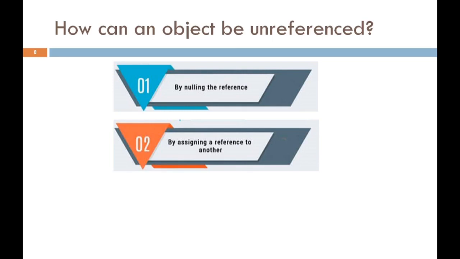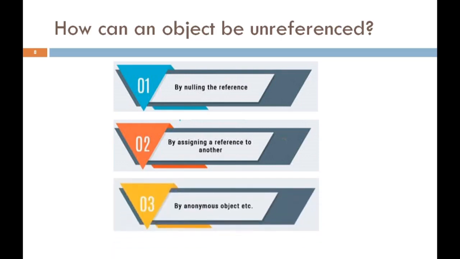That means the first object is now available for the garbage collector. When one object reference is assigned to another reference, the first object is referred to as an unreferenced object.